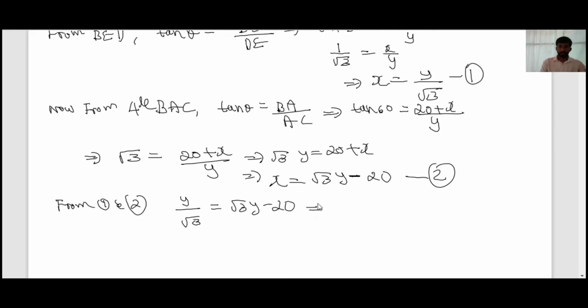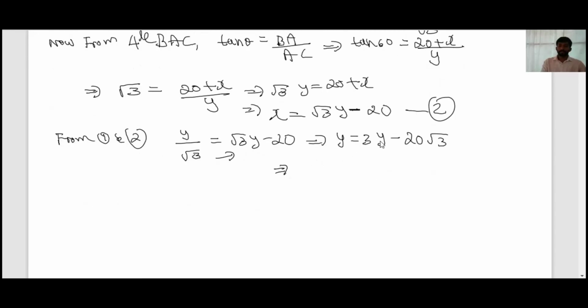This implies cross multiply, root 3 into root 3, you will get 3Y minus 20 root 3. Take 20 root 3 to LHS. 20 root 3 is equal to 3Y minus Y, which is 2Y. This implies Y is equal to 10 root 3 meter.